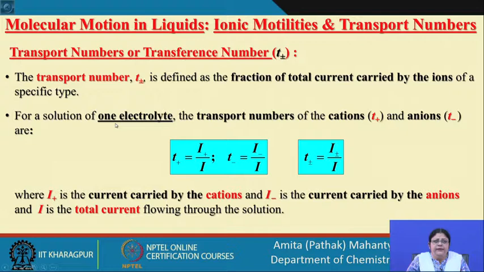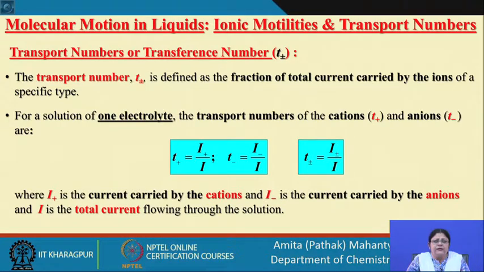It gets complicated if you have a number of electrolytes, because each of the ions is going to contribute to the flow of the current. So, to keep it in the simplest form, we take only one electrolyte, which will have one type of cation and one type of anion only.